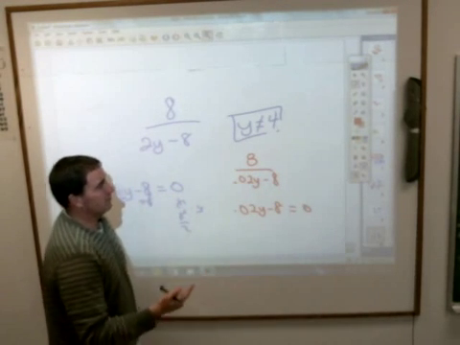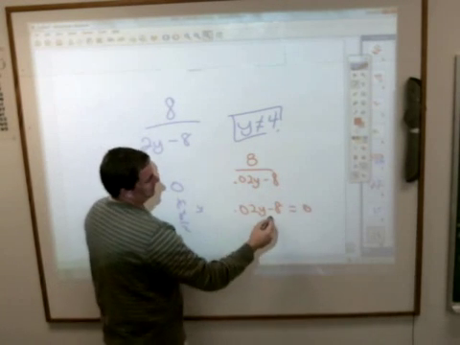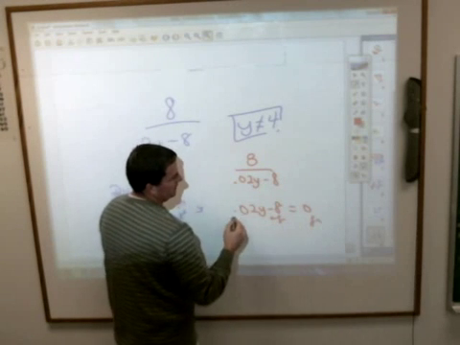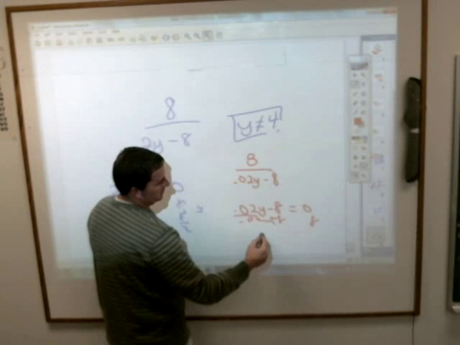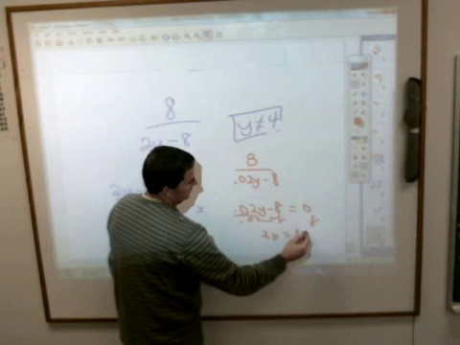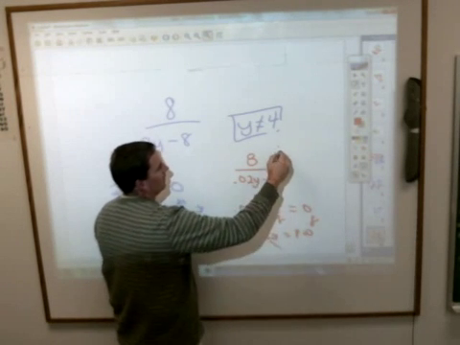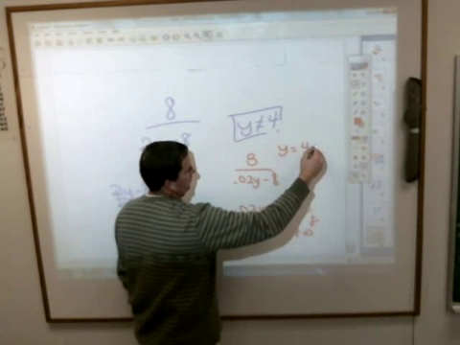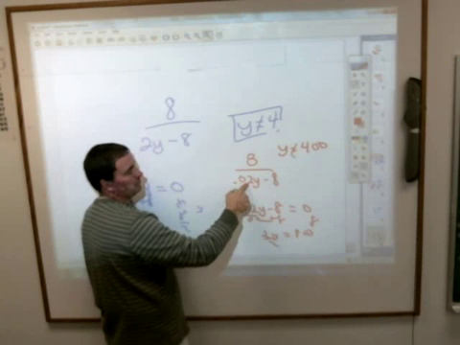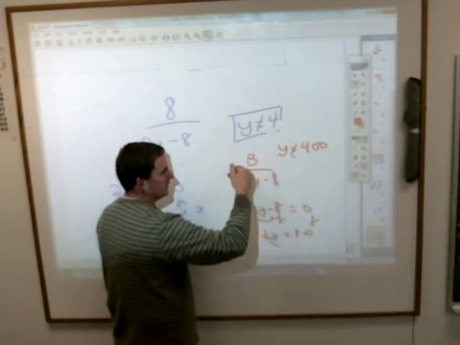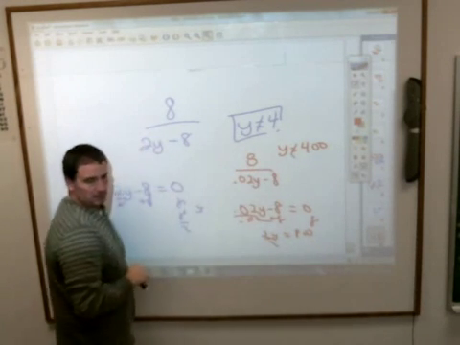Because when you know what that number is, that's what it can't be. So you do the same thing, you add 8, divide by 0.02, or multiply both sides by 100, you get 2y equals 800, divide by 2, y cannot be 400. Because if you put 400 there, 400 times 0.02 will give you 8, 8 minus 8 is 0, and you can't have that. Does that make any sense?